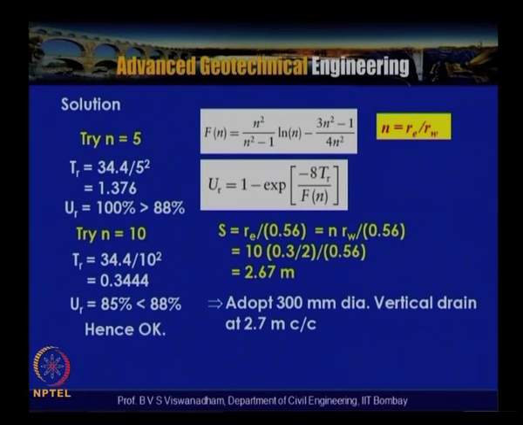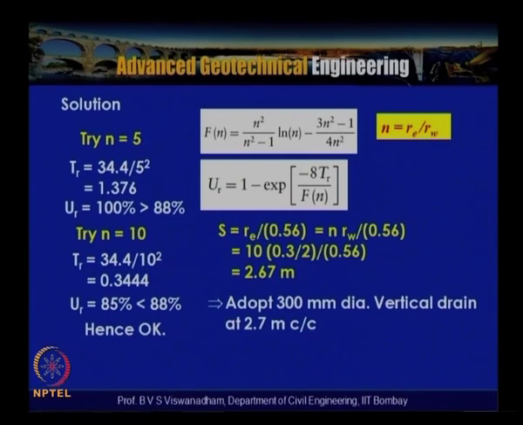With that, RW is 0.3 by 2, so 10 into 0.3 by 2 divided by 0.56, because n is equal to 10, that is what we selected. If you select n is equal to 9, you will get 2.5 or 2.6 meter spacing. So with that we get a spacing of 2.67 meter.